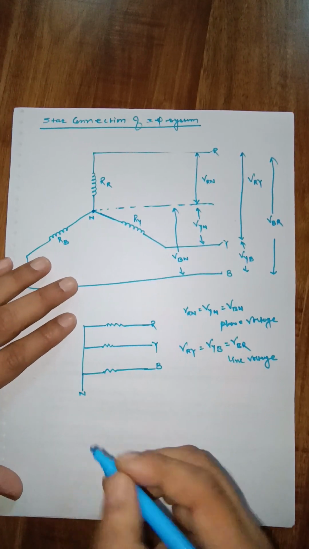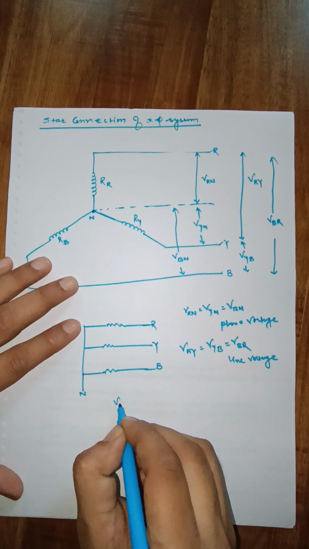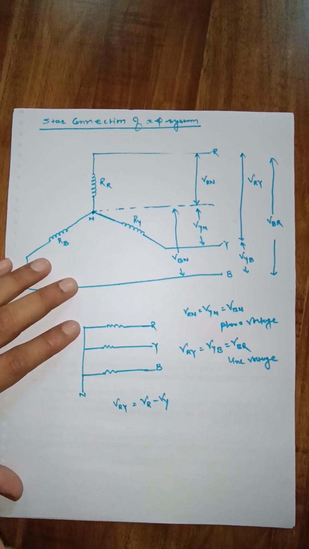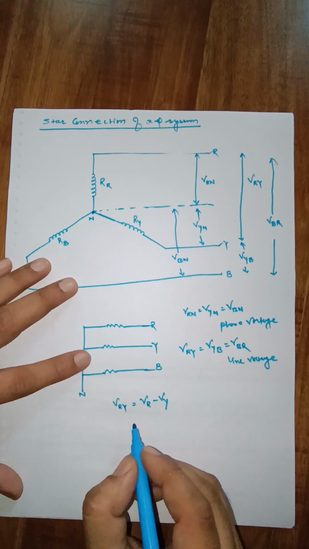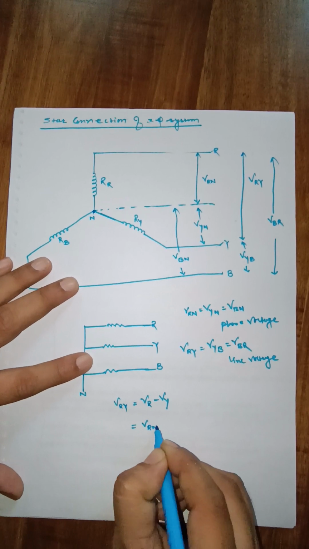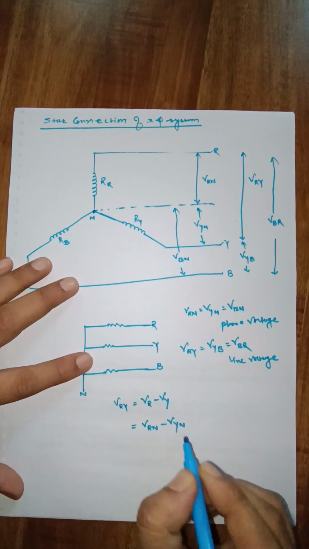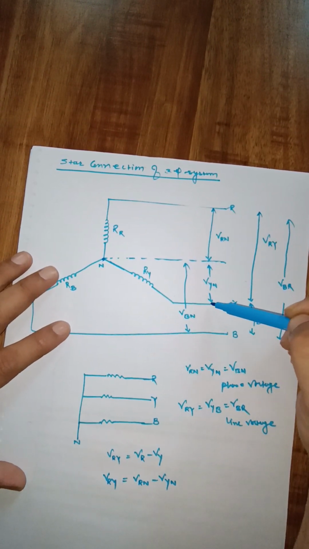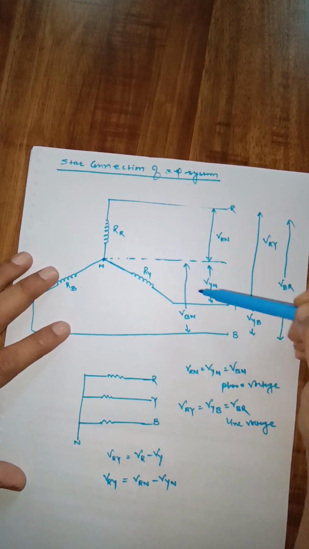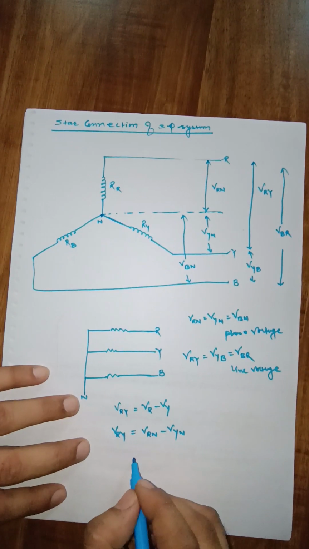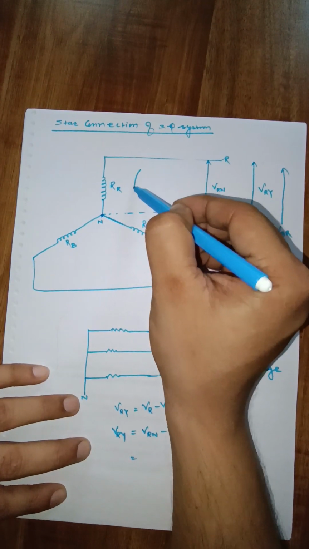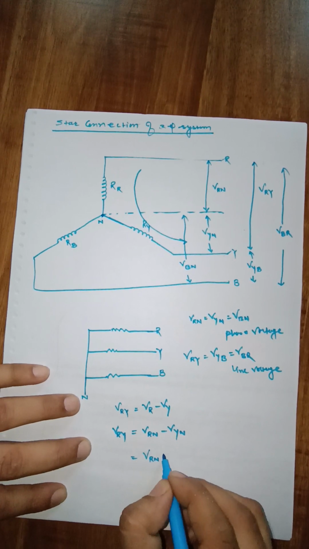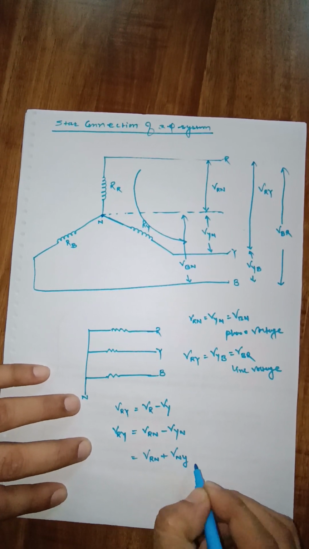Now we should use one notation. VRY is equal to VR minus VY. Clear? Or we can write like VRN minus VYN. This is your VRY. VRY, voltage between R and Y, is termed as VRN minus VYN. If I will go in the positive direction, like if I will go with this loop, then we can write VRN plus VNY.